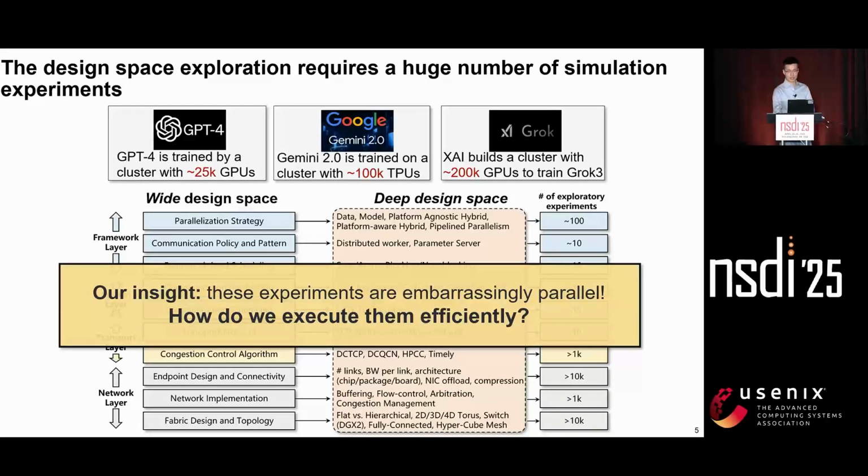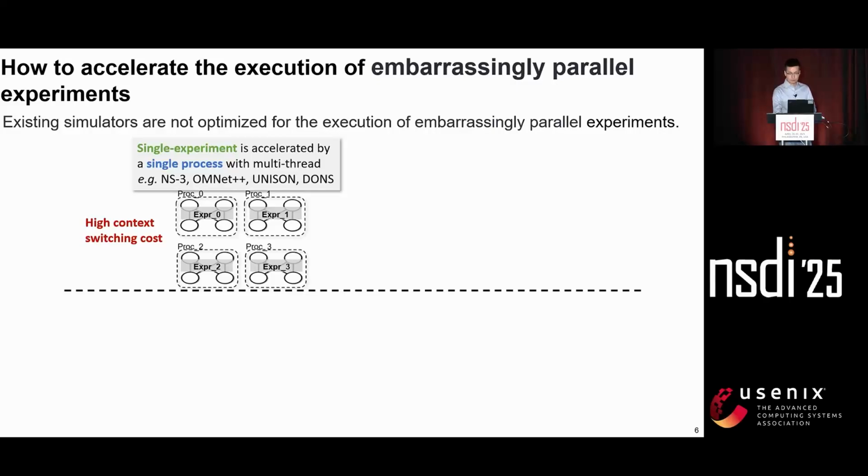But our insight is that these experiments are embarrassingly parallel, which brings us to our key question: how can we execute them most efficiently? However, existing simulators are not optimized for the execution of embarrassingly parallel experiments.